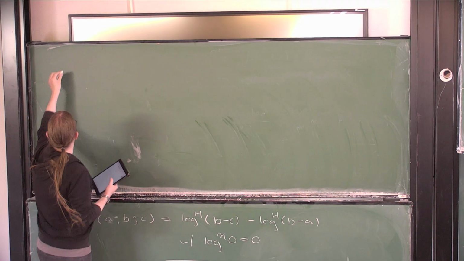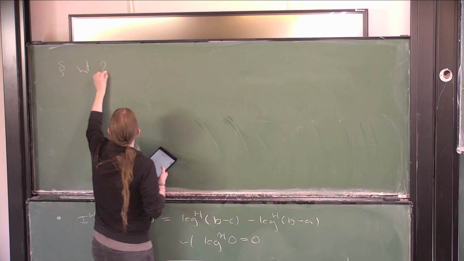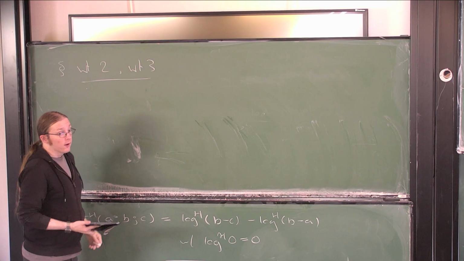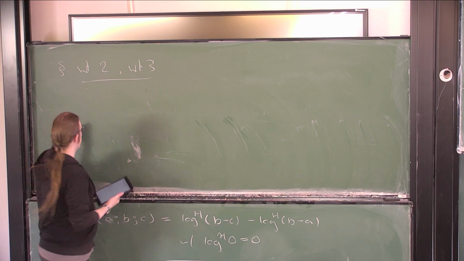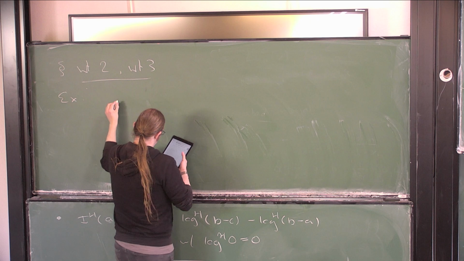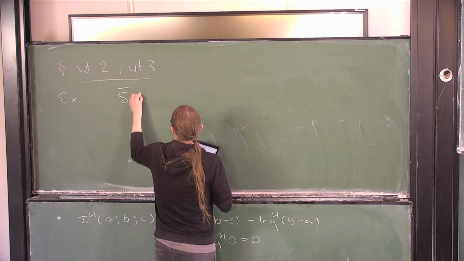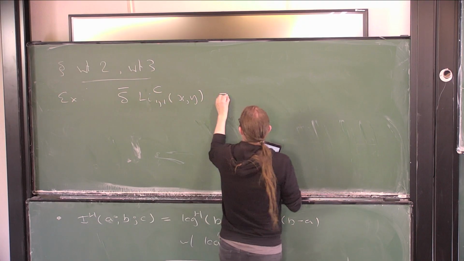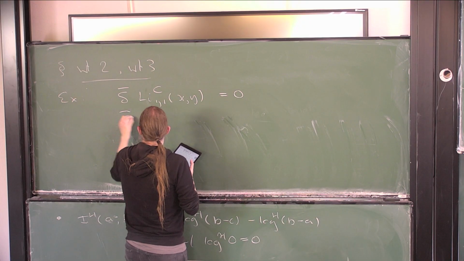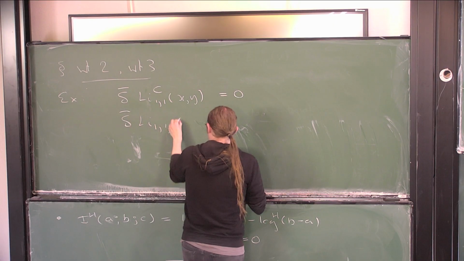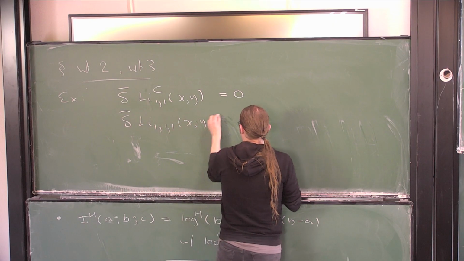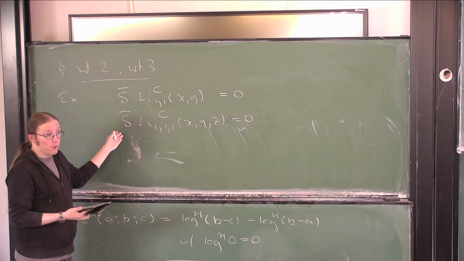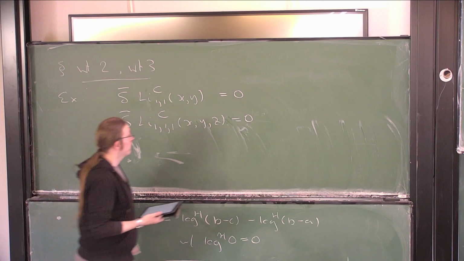So what does this say in weight 2 and weight 3, just for simplicity to start with? Well, as another exercise or example, you can check that the truncated co-bracket applied to Li_{1,1}(x,y) is equal to 0, and the truncated co-bracket applied to Li_{1,1,1}(x,y,z) is 0, just for the simple reason there's no space for a C2 wedge C2 or higher part.